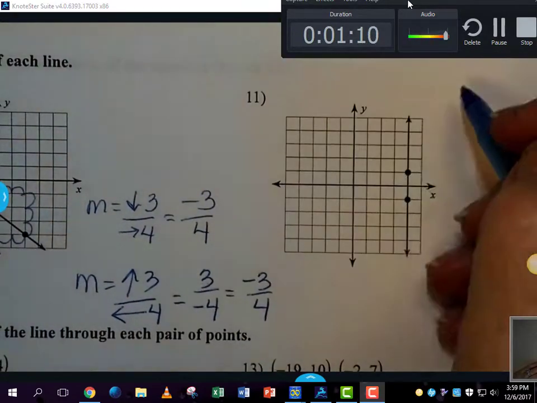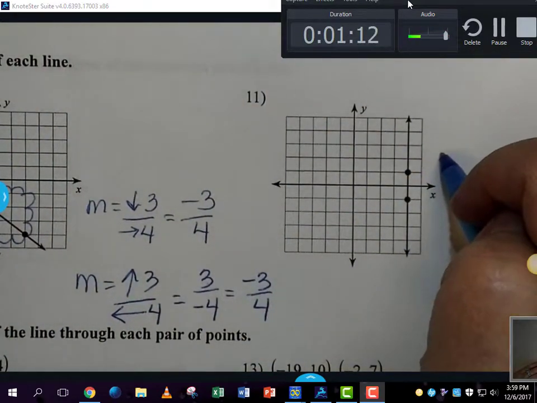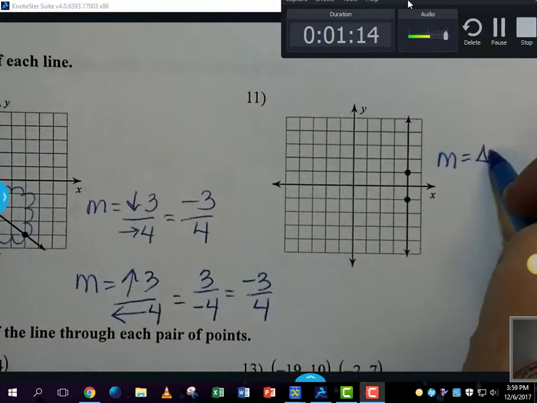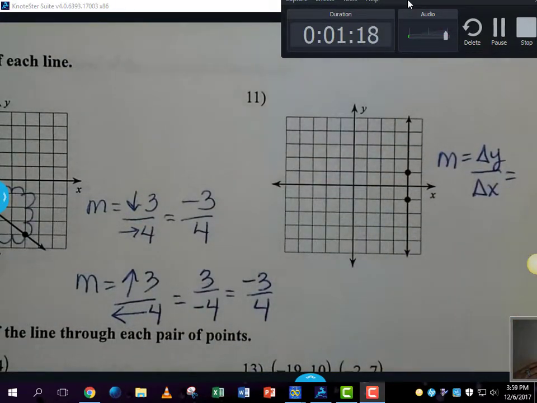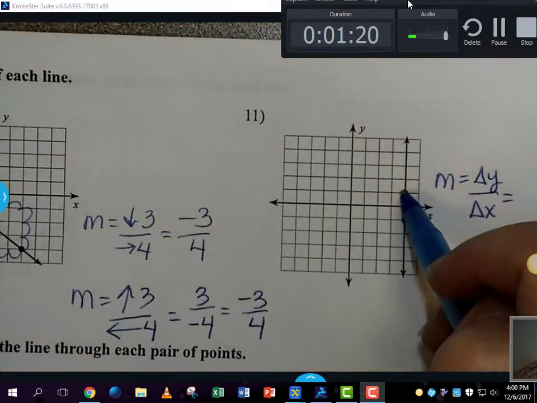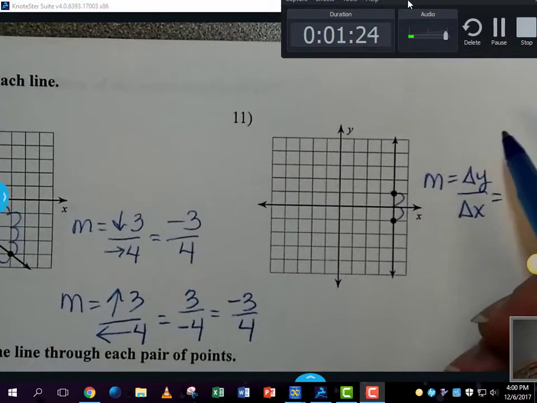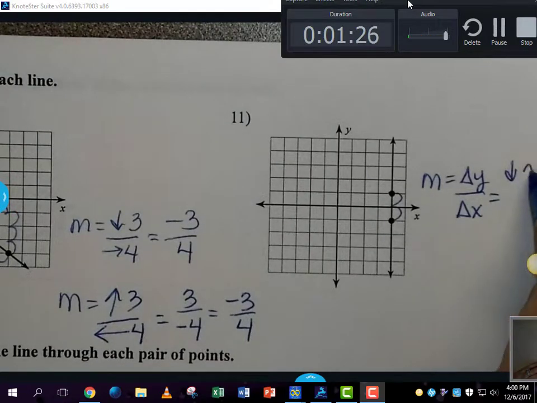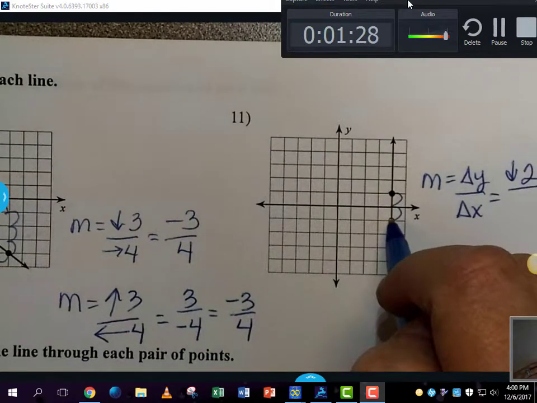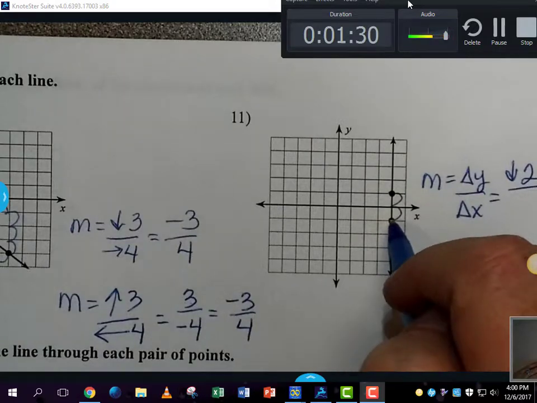Okay, on this one right here, if I'm going to figure out the slope, which I know is the change in y, I should have said that over here, over the change in x. Then to move from here to here, I would go down by 2, so down 1, 2. But then I don't have to move left or right, I'm already here.